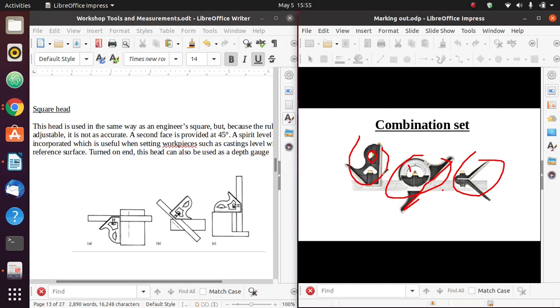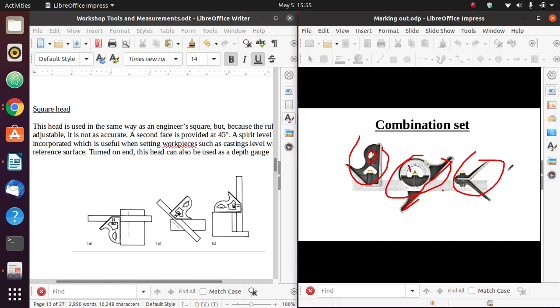Kuna hii 45 degrees na kuna hii 90 degrees. So I can draw a line that is 90 degrees to the reference surface, and I can also draw a line that is 45 degrees to the reference surface. Yeah, this spirit level is there to help us make sure that the lines we're drawing are accurate, because this head is movable, it is not fixed on this ruler. So the element of it moving introduces inaccuracies.